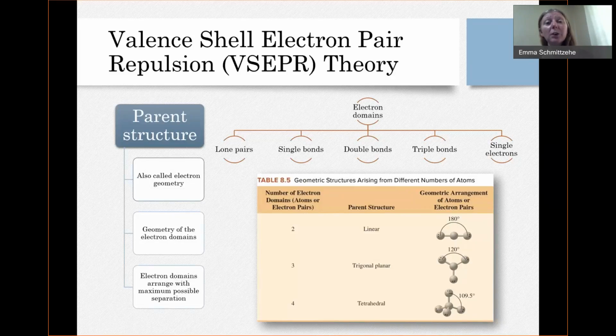And then the last one, that's when we actually jump into something being 3-dimensional and not really flat. That would be a tetrahedral structure when you have 4 attachments or 4 electron groups on something. Everything kind of angles out at 109.5 degrees from one another.